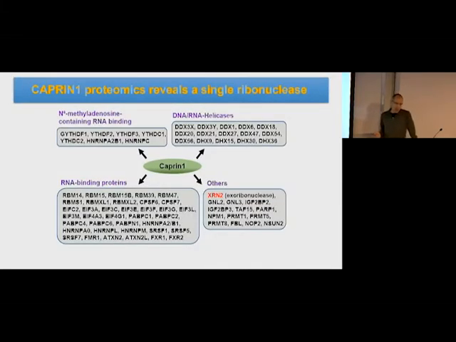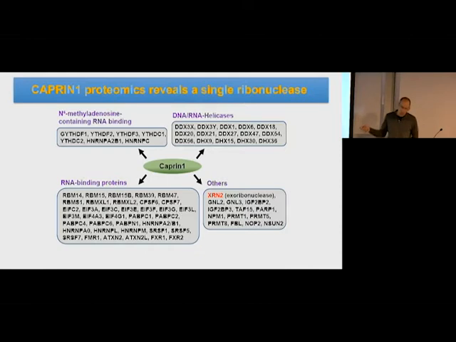So of course, we went to the mass spec again. This time we IP'd copperin-1, and we looked at all the interacting partners. We had very nice and clean data. We got a lot of the known interacting partners, and the functions that are known to be associated with copperin-1: RNA helicase.